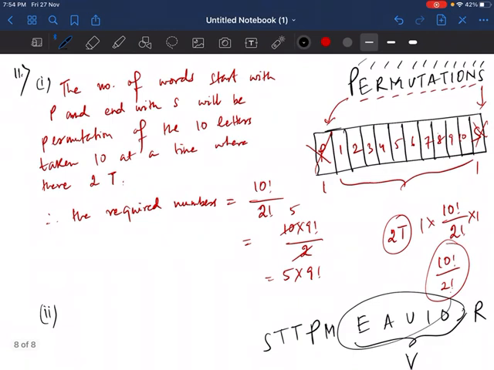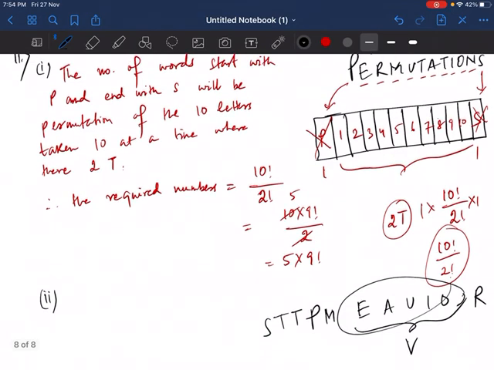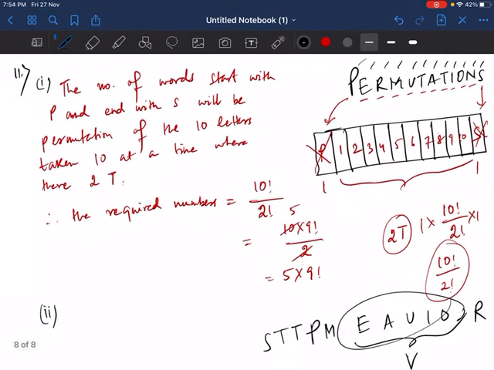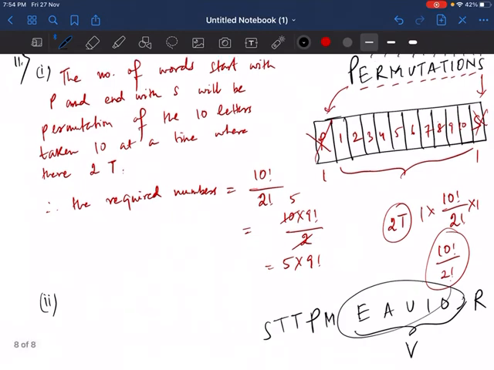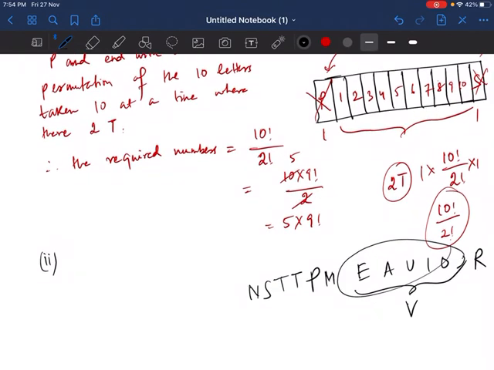What is that? 1 R we have taken, 1 N, yeah. So these are the letters, and we are taking E, A, U, I, O as the vowels V. So how many total letters do we have? The total letters is 1, 2, 3, 4, 5, 6, 7, 8.